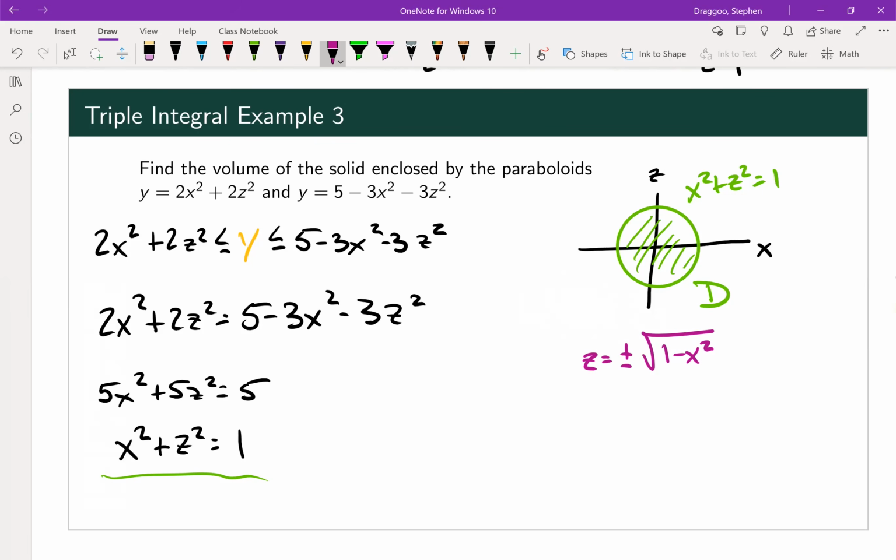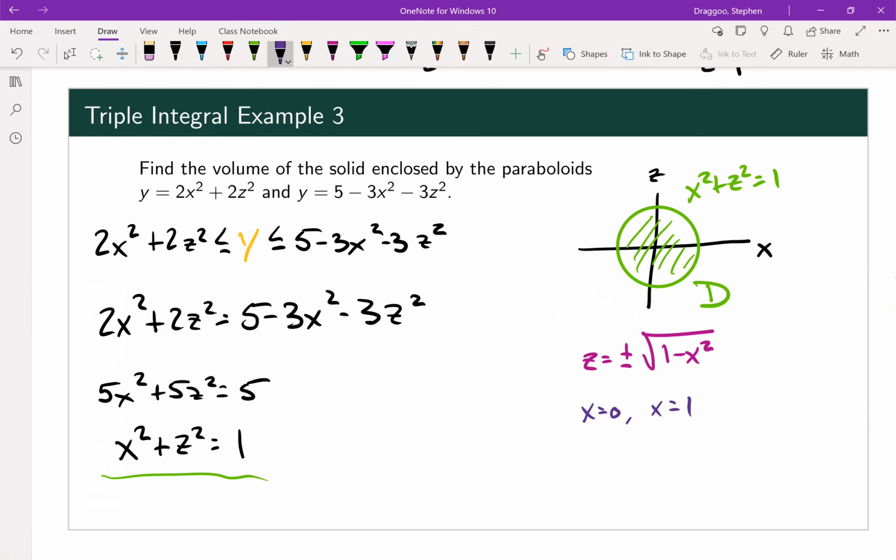So we'd have our two boundaries for z. Then that means that x just goes between 0 and 1. And we could set up our integral and do it that way just fine.